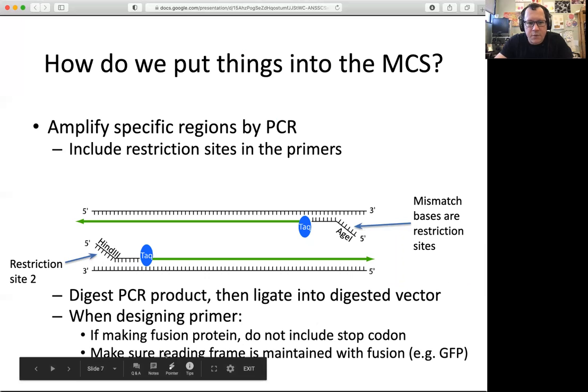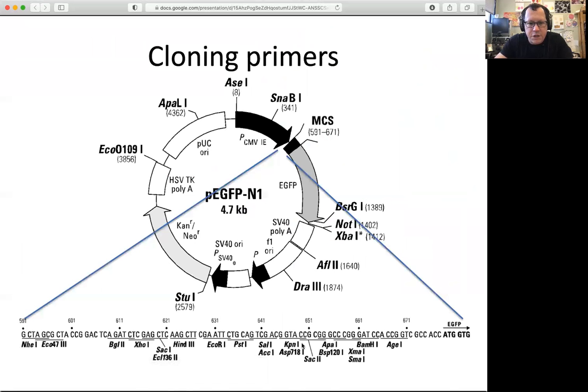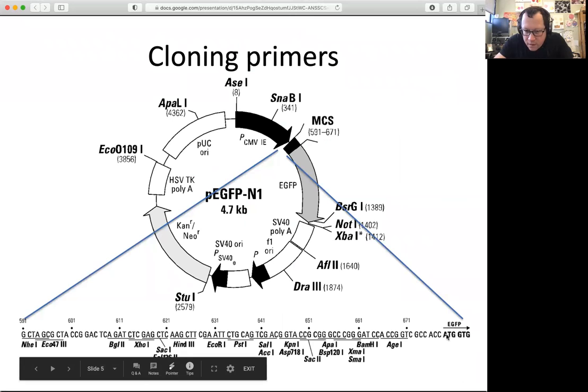We also need to make sure that we maintain the reading frame with our GFP. So here, this ATG, what is that? Give you a second to think about it. ATG is the same as AUG. That's a start codon, so this is the beginning of the GFP. What this multiple cloning site diagram shows you is the codon usage, and we need to make sure that the codon usage of our open reading frame matches it.